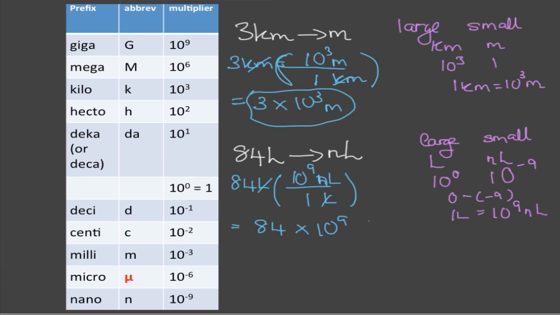Now this is a correct conversion, but we will change it to scientific notation. 8.4, we've made that smaller, so we've got to make the 10 to the 9 bigger by a factor of 10. So that becomes 10 to the 10 nanoliters. 8.4 times 10 to the 10 nanoliters.